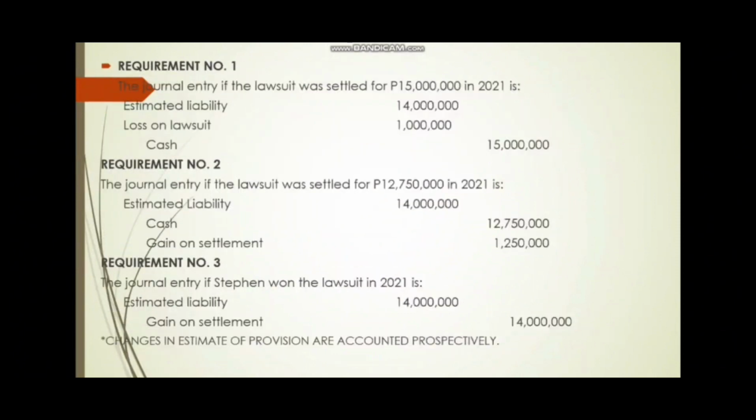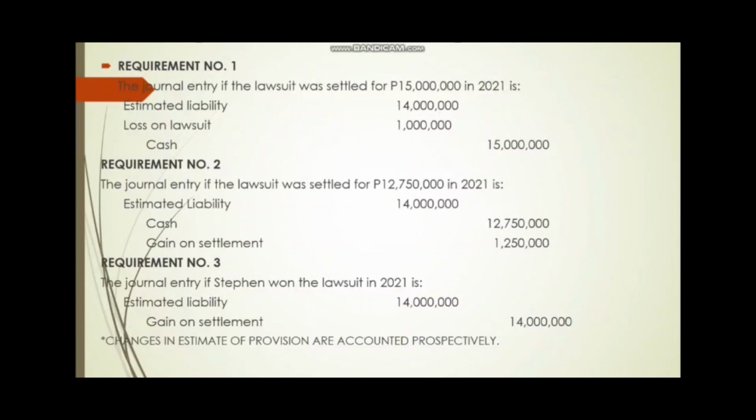For requirement number 1, if the lawsuit was settled for 15 million, the entry will be estimated liability 14 million, loss on lawsuit 1 million, since only 14 million was determined, and cash 15 million.